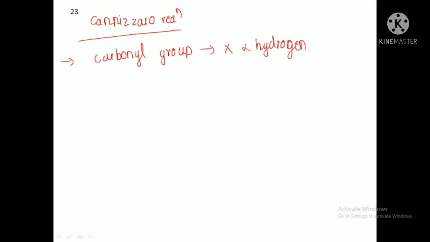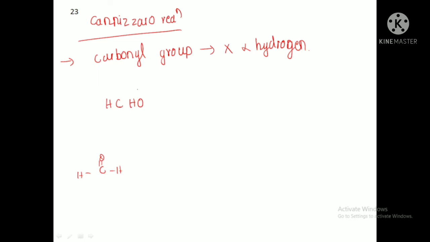Here I'll use concentrated alkali. For example, I'll take HCHO, formaldehyde, C double bond O, H. There is no alpha carbon atom, no alpha hydrogen.